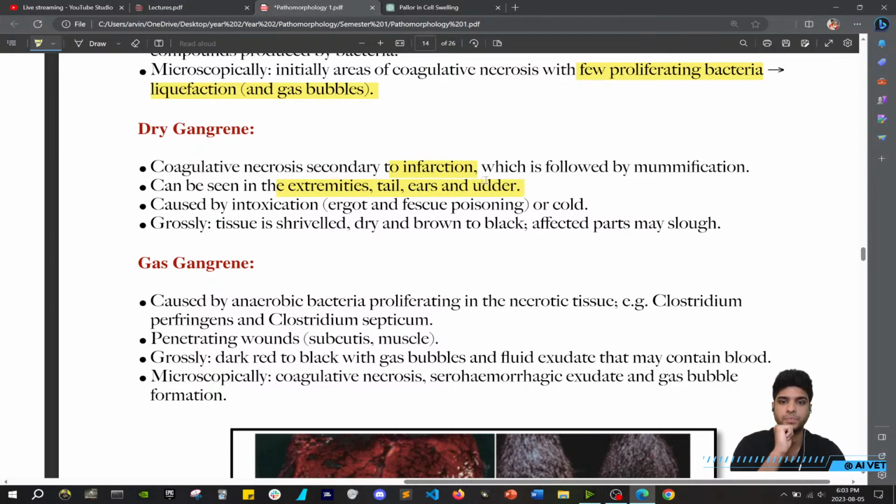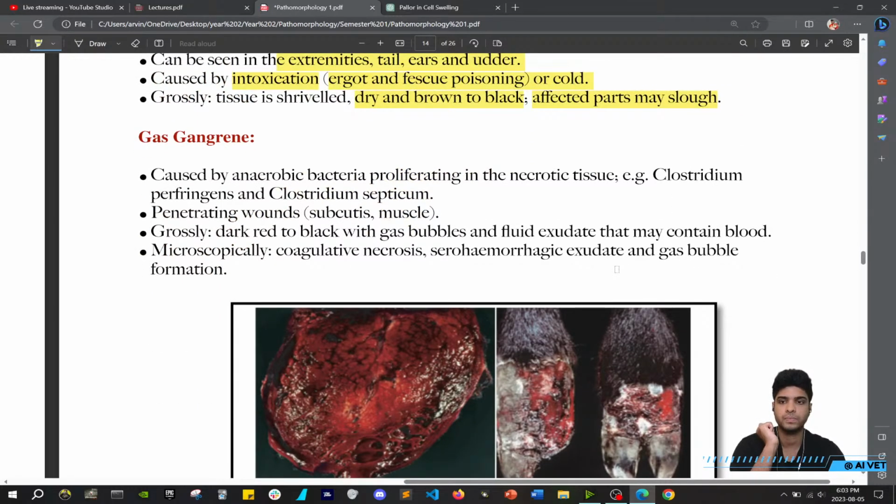It is coagulative necrosis secondary to infarction, followed by mummification, caused by intoxication by ergot, fescue poisoning, or cold. Grossly, the tissue is shriveled, dry, brown to black once again. Affected parts may slough.